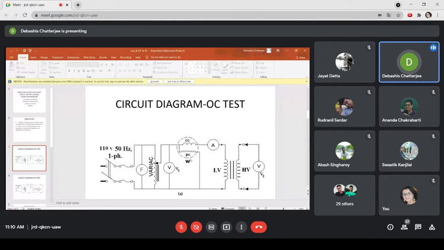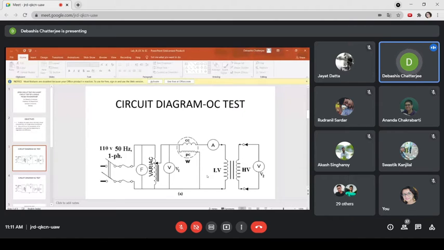So for the sake of instrumentation and for the comfort of the supplying voltage and power, we perform this test at the low voltage side.